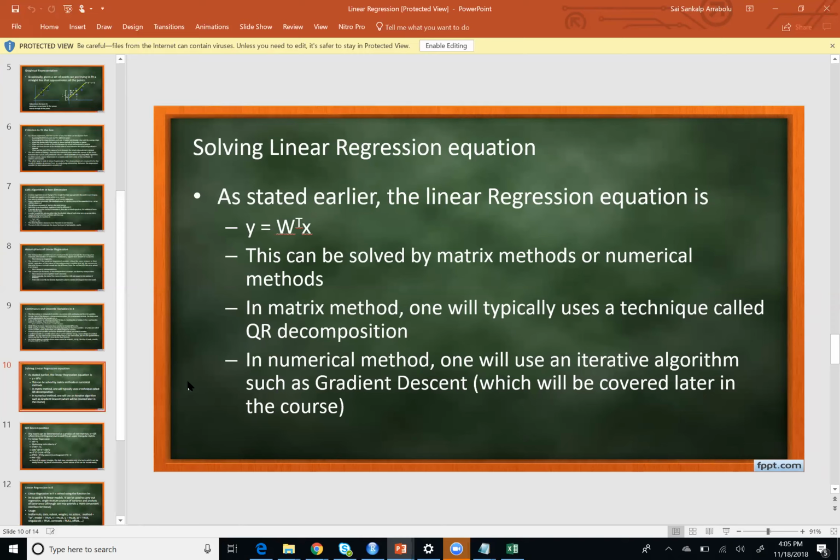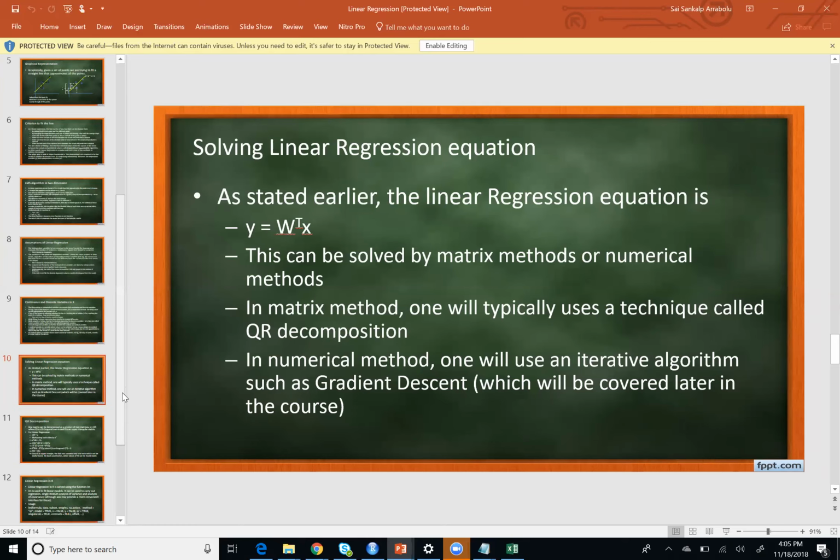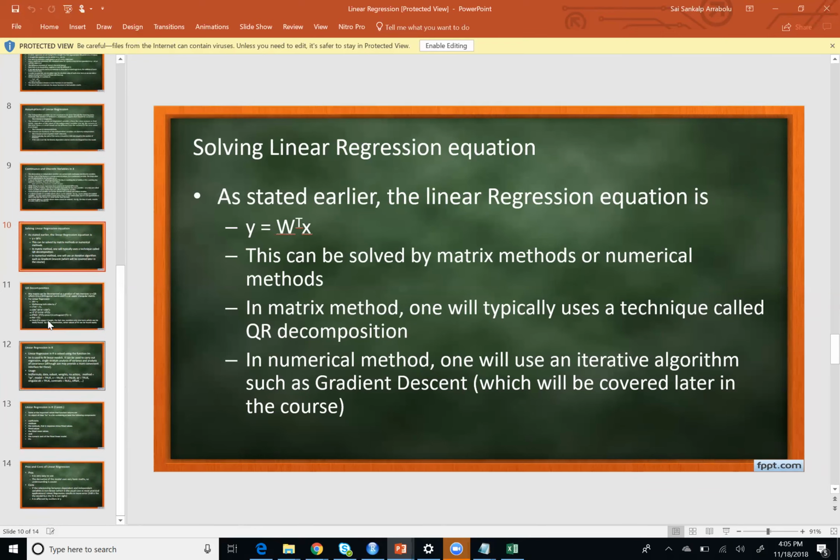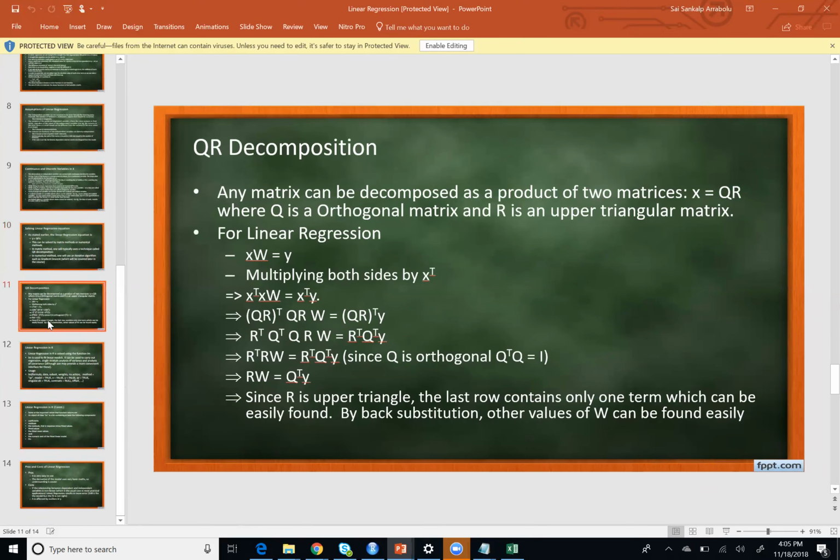The main thing both these methods do is try to find the optimal set of these parameters A1, A2, A3, or this optimal set of W transpose, such that you get the actual fit which has the least error to it. In the case of the biking data also, we'll see how that is being done. So let's see what QR decomposition is.